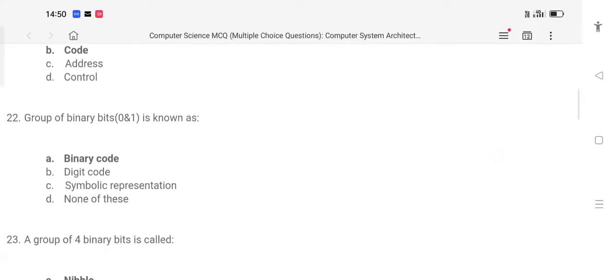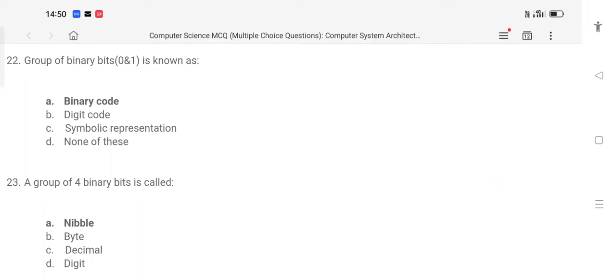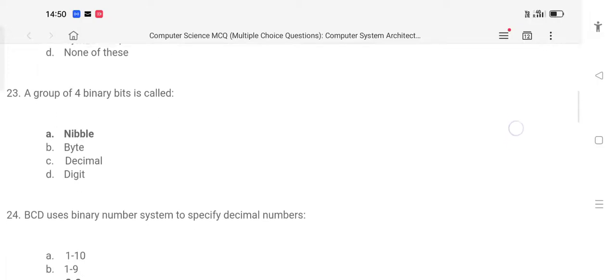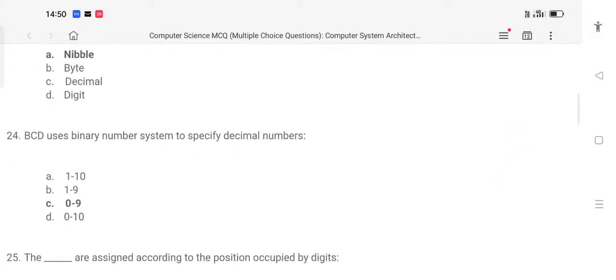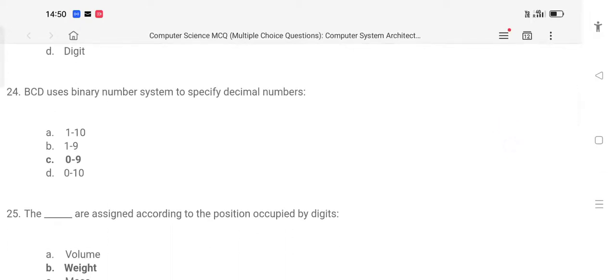21 B answer. A group of binary bits 0 and 1 is known as binary code. Binary code. A answer. A group of 4 binary bits is called a nibble. A answer. BCD uses the binary number system to specify decimal.